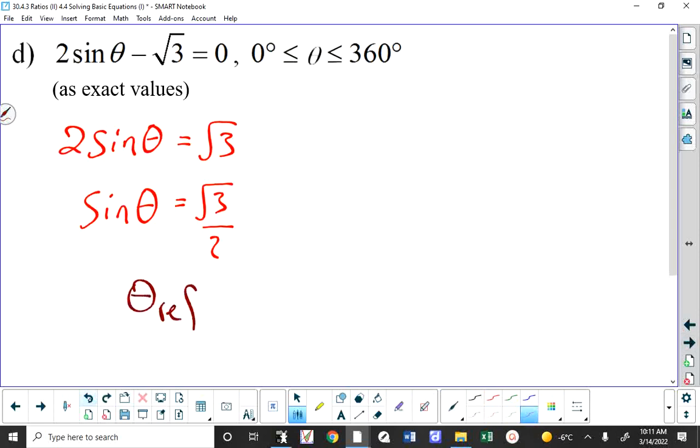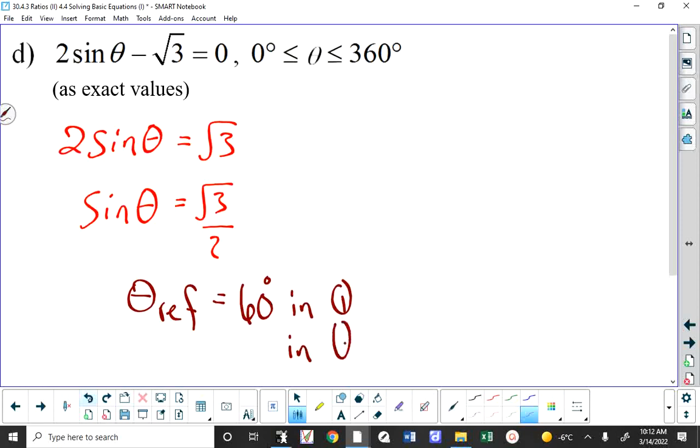All you're doing is taking the inverse sine of root 3 over 2. And by the way, if we want exact values, you're going to be in degrees no matter what, because you want to see the angle. And I believe you're going to get 60 degrees. Am I right? Okay, so the reference angle is 60 degrees.